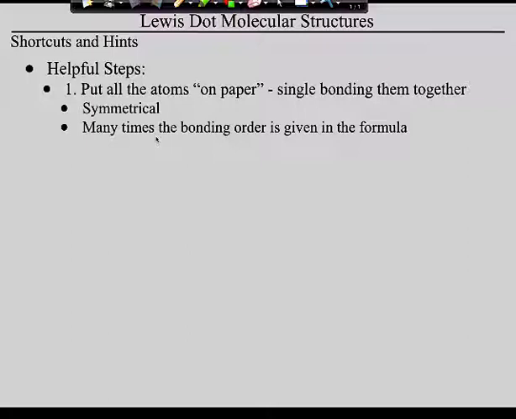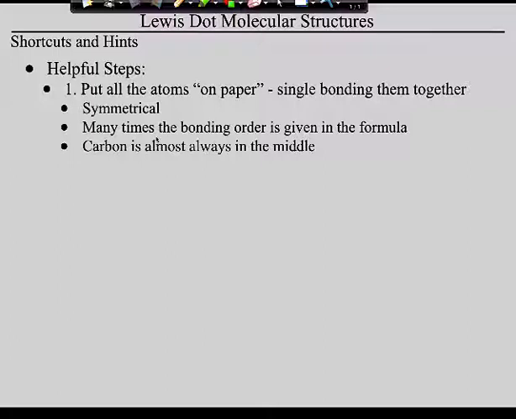Then guys, another helpful hint is this. Many times when you're drawing these structures, carbon will be in the middle. Almost always. And guys, you already understand this. Why would carbon be in the middle? Maximum bonding sites. That's why we are carbon-based life.